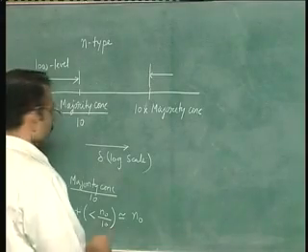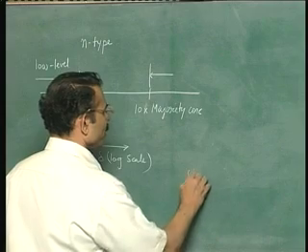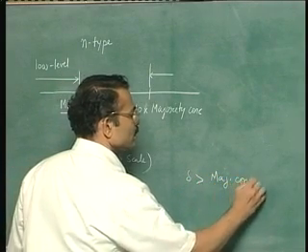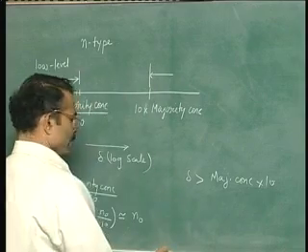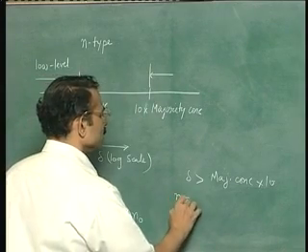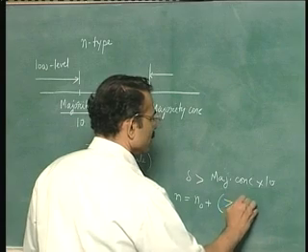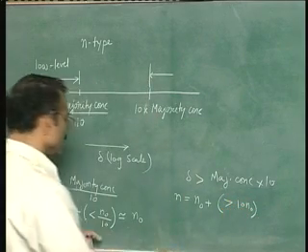So for delta greater than majority carrier concentration into 10, you have n is equal to n naught plus a quantity greater than 10 times n naught, that is your delta.